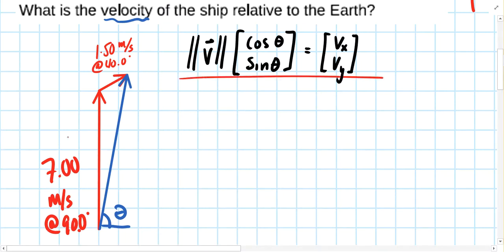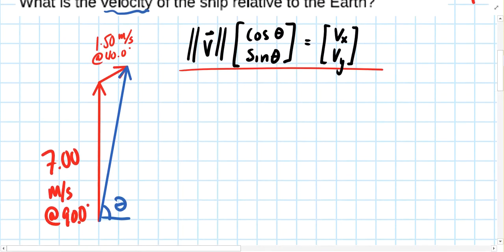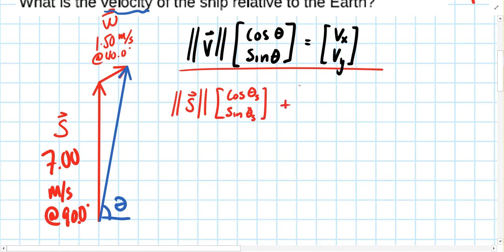The vector of the ship, and I'll use the letter S for this, and the vector of the ocean, I'll use W for water instead of O. Those two must be added together, and so the magnitude of the ship times the cosine of its angle and sine of its angle will be added with the magnitude of the water times, I shouldn't use a dot here for consistency, and you'll see why as we get a little bit farther along this week, times cosine of the angle of the water current, or water's vector, and sine of the angle of the water vector.